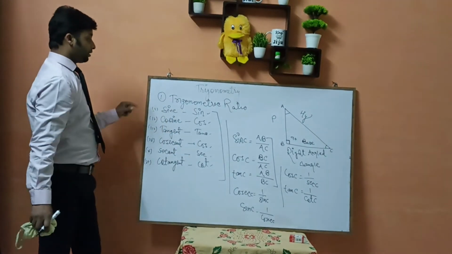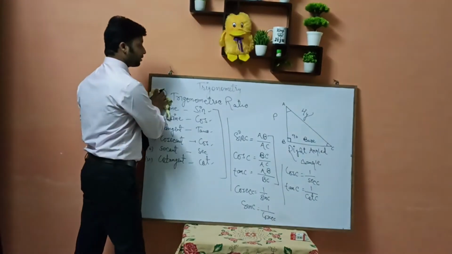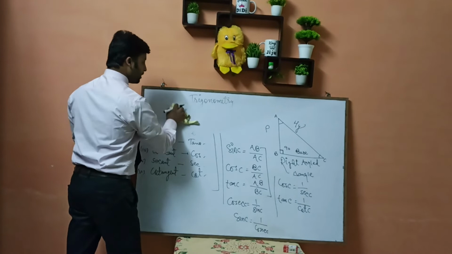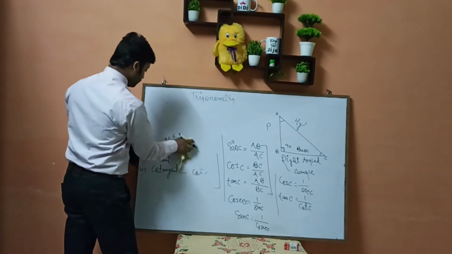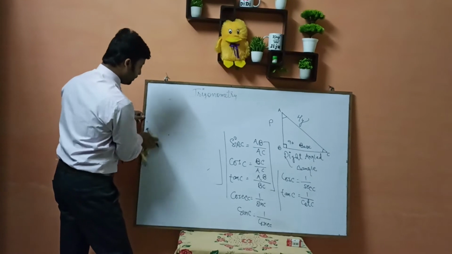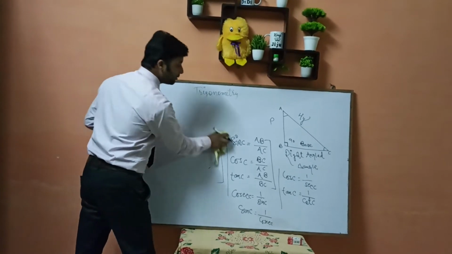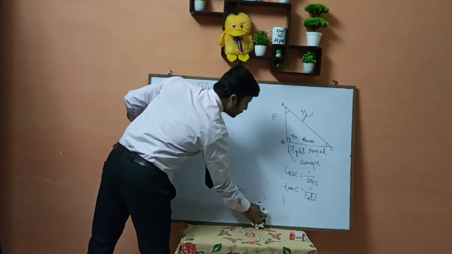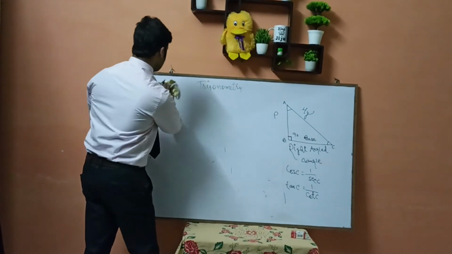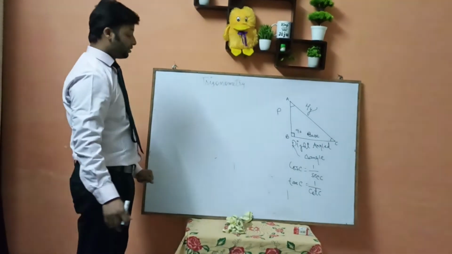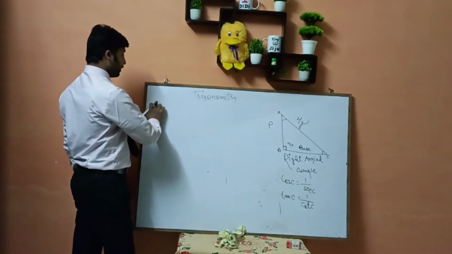Now students, we will discuss some identities of trigonometry. Identities means their applications, their values, how they make the relations with the trigonometric ratios. There are six trigonometric ratios, and there are three identities for these.